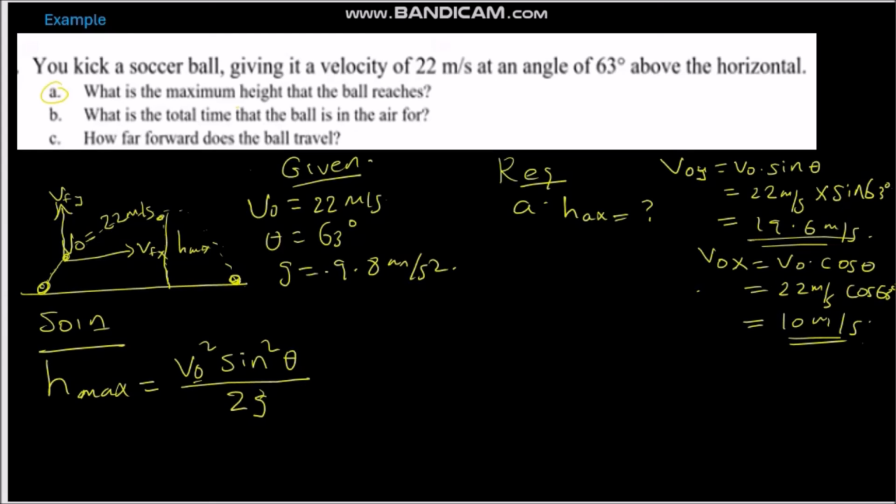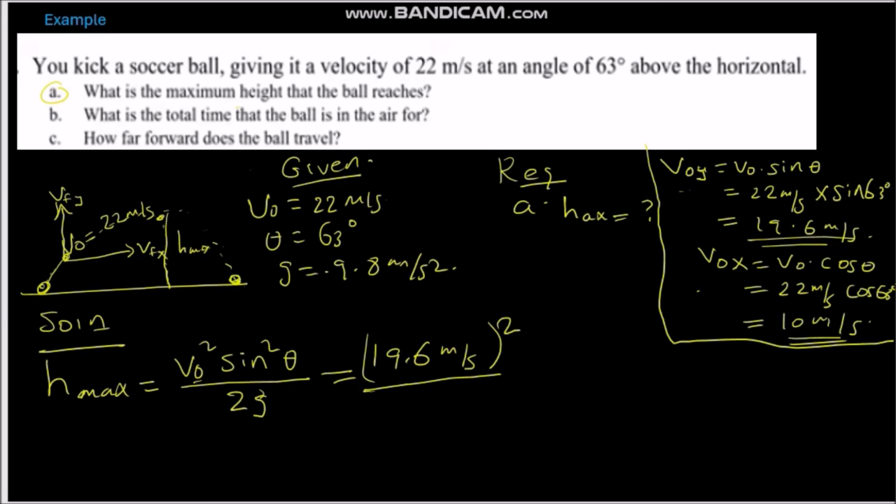Now the H maximum means 19.6 meters per second, the whole squared, because we already calculated this here, over 2 times 9.8 meters per second squared, which is equal to 19.6 meters.